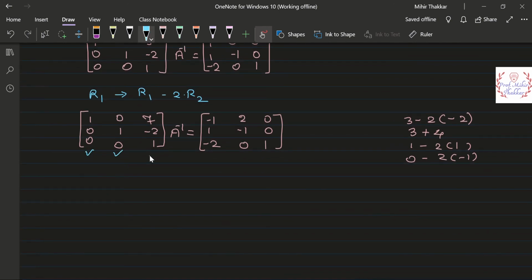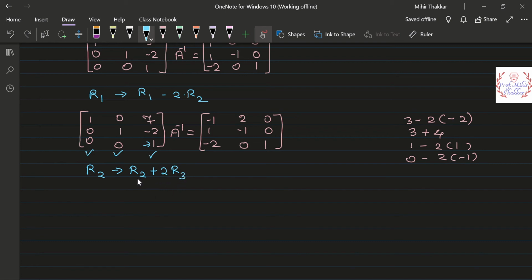Now in the third column, I require 1 in this position which is already there. So we just have to convert the above two elements into zeros. So in order to convert that into 0, we say that R2 first changes to R2 plus 2 into R3.